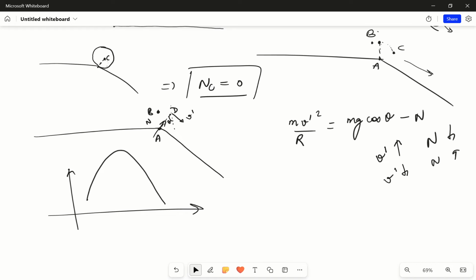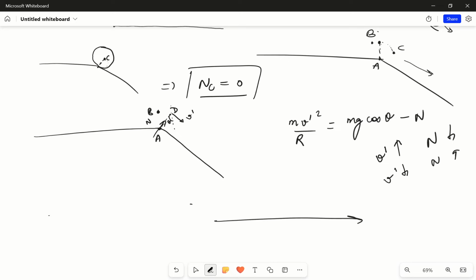Parabola type conditions. For some velocity, the normal would be 0 here at this point.